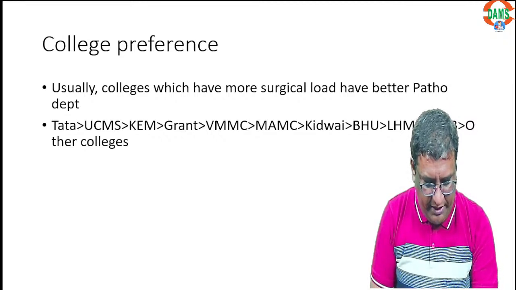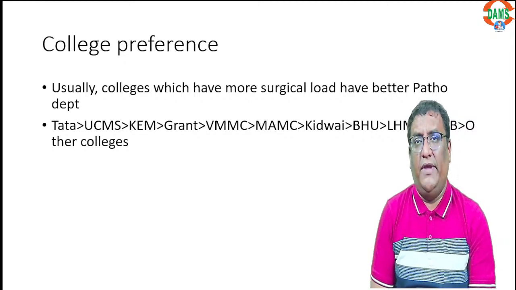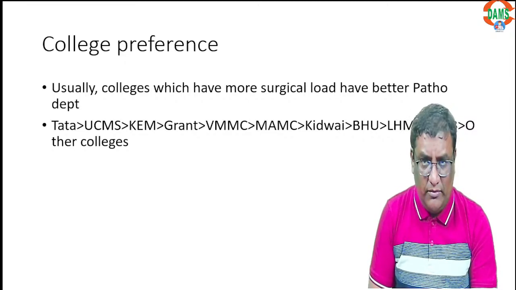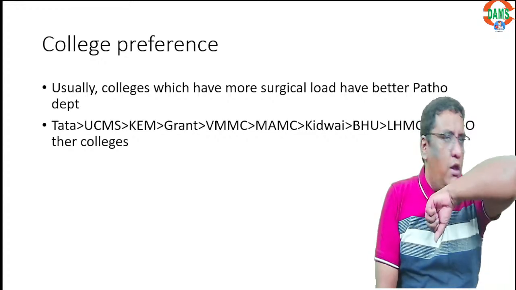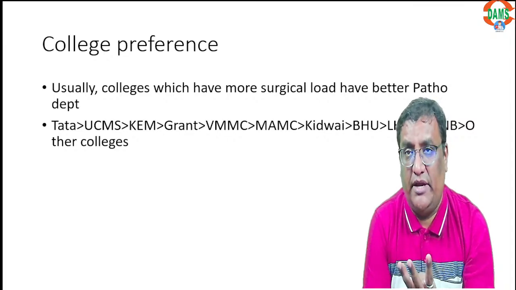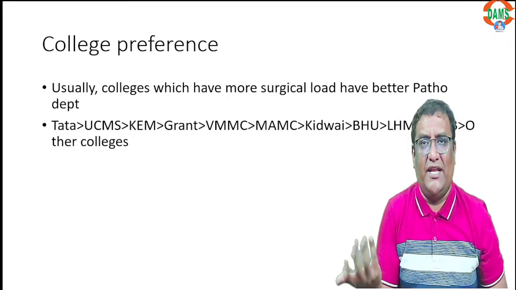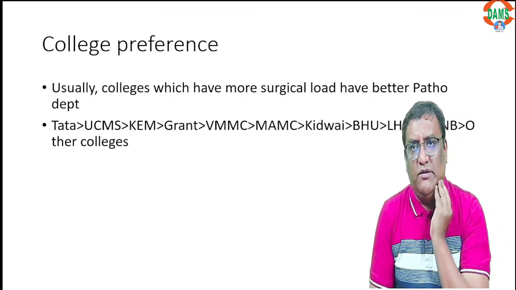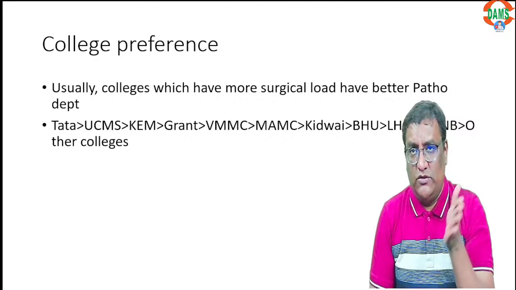How is the practical of DNB pathology structured? Yes, all things will be included, whether in DNB or in this one. There will be a few slides for discussion: hematology, cytology, and histopath. For each slide, you'll get 5-7 minutes. You have to see the slide, describe it, make a diagnosis. That is one part.